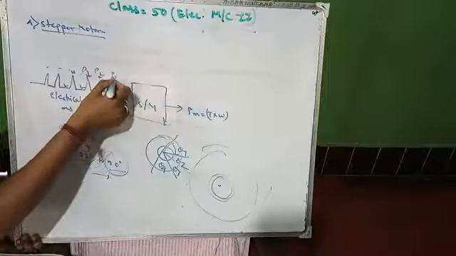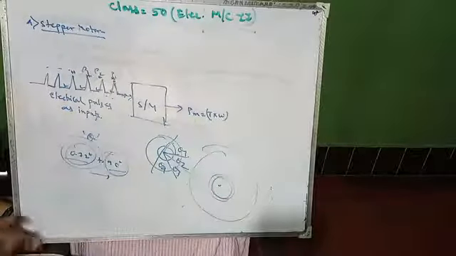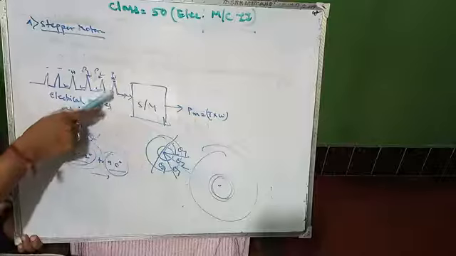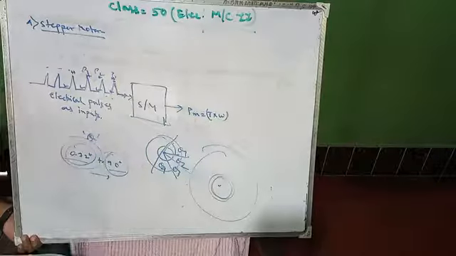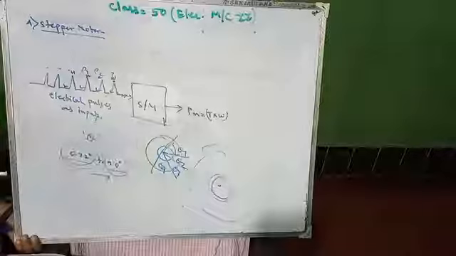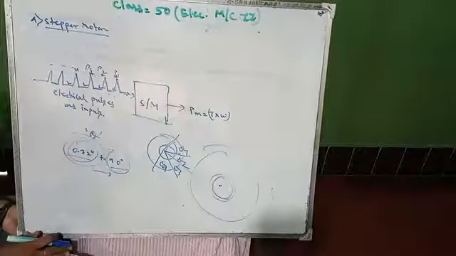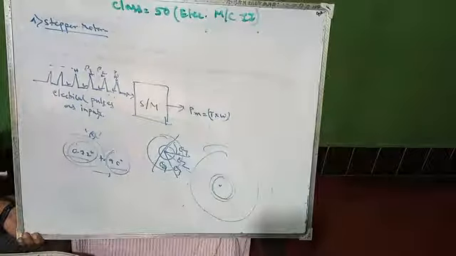When this high is applied, then it will rotate and produce some result, and when it is fed by the low value, then it will have no result. So by the digital input, it can run. That's why it is called a digital electromagnetic device.